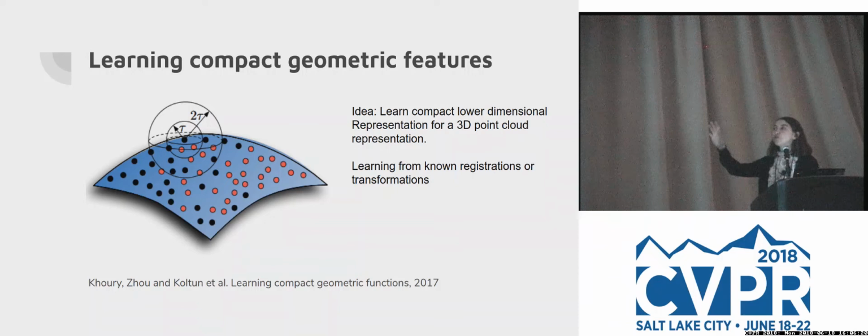Suppose here you have 2 point clouds, one shown in black, the other in red. For each point here, you want to determine which of the counterpart points should have a similar representation to you and which should have a different one.